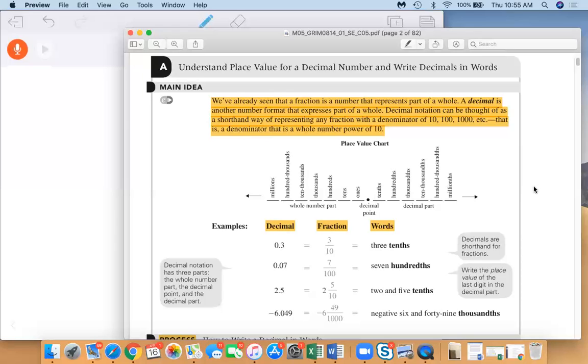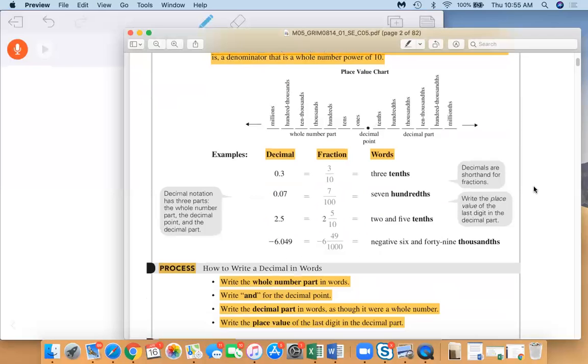So here we have examples so you guys can understand how to go between decimal, fraction, and words. So here's a decimal of 0.3. When we read that, we read it as 3/10 or 3 over 10. So anytime that you see a number in this spot, that is that number over 10, if it's just that.